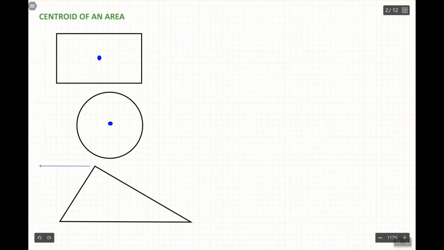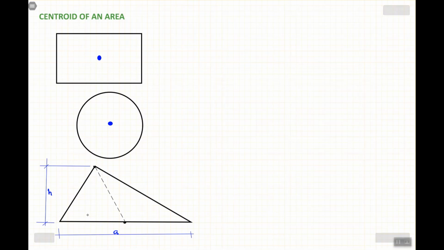Let's say the height of this triangle is h, and this side is a. So let's call this one h, and this one a. The way we find the center of area for this one, we draw this line, which is the median, and it connects this point at the top to the center of this side.